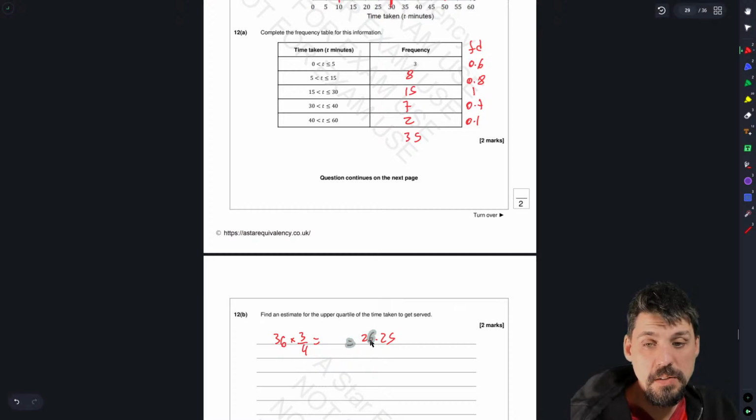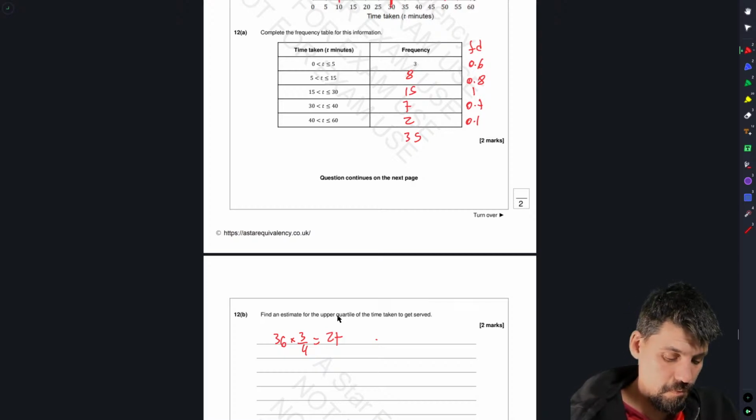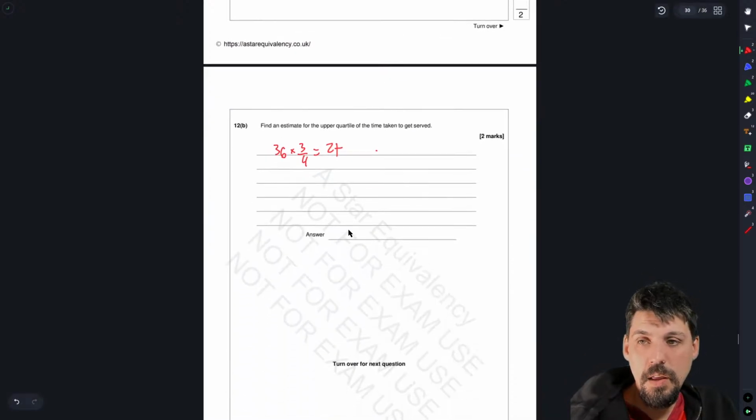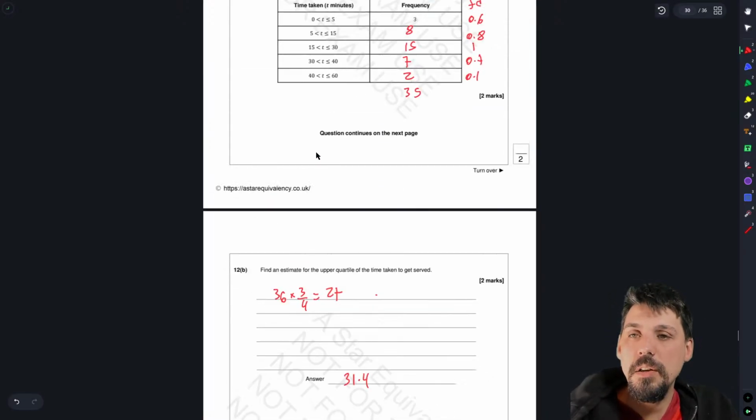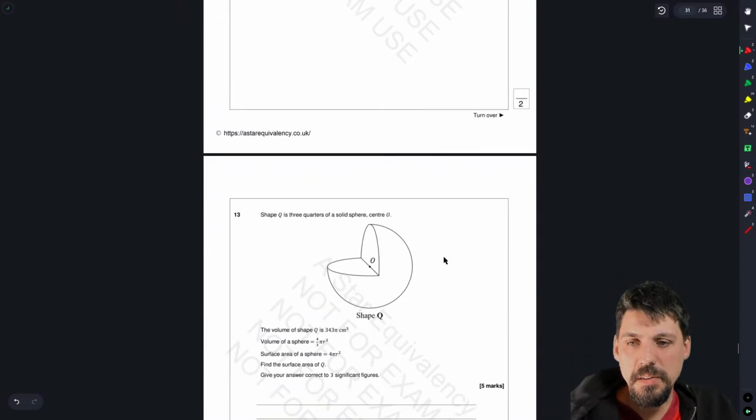That would give me 27. So I need 1/7 of 10. I'm going to go 31.4, and I will get cross when I see what the mark scheme says. But that will be very interesting to know for tomorrow. This is why we do these papers, because that'll give me a good idea of how they expect this.